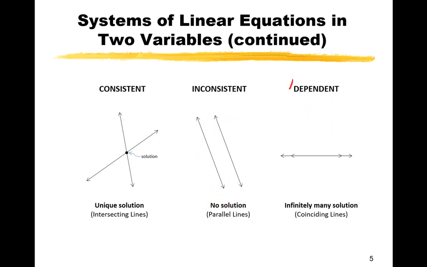Lastly, dependent system of linear equations. Paano nagiging dependent? Nagiging dependent if you look closely right here, we have two overlapping lines, right? So, ibig sabihin, the linear equation represented by this line, and this one, they have the same set of solutions.